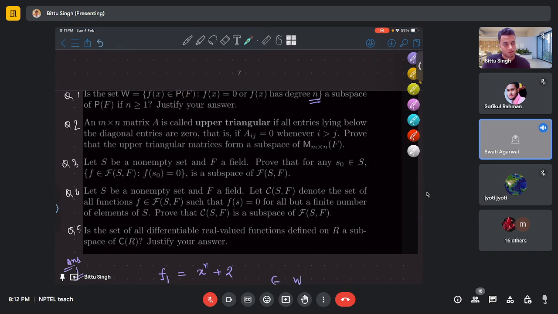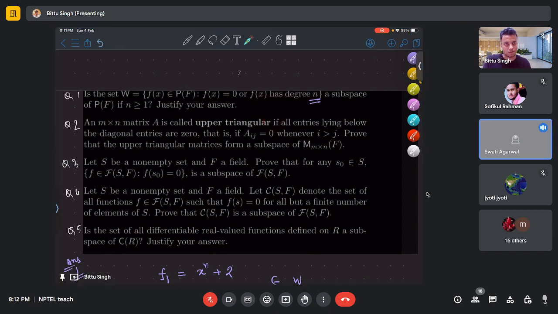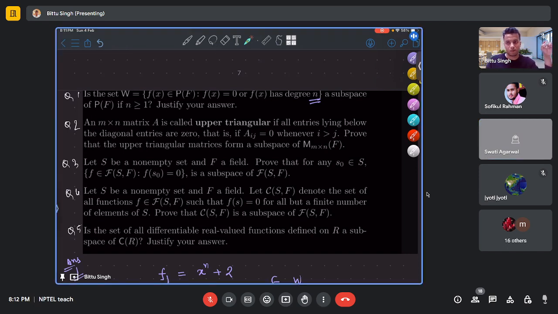Here the condition is that either the polynomial is the zero polynomial, that is, the whole polynomial is 0, or f should have degree n. So n can be anything. It says that f(x) has degree n, where n is a constant, whatever they have assumed.